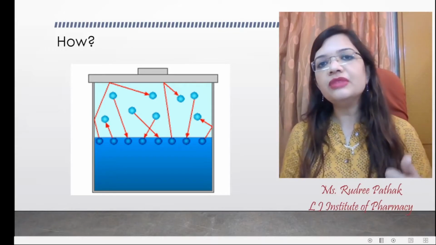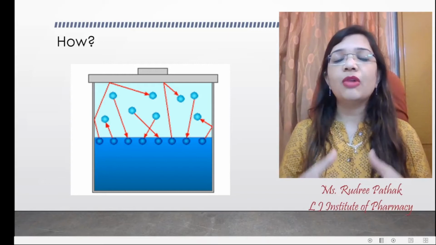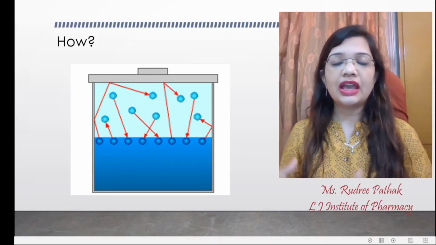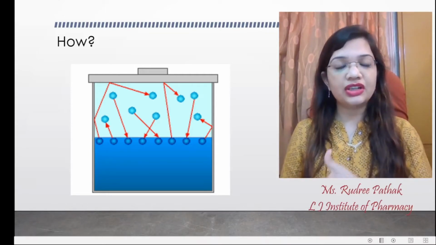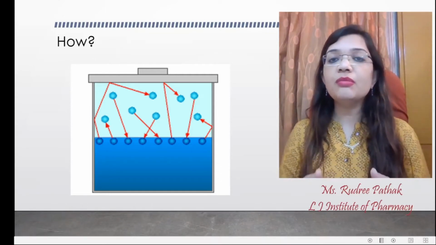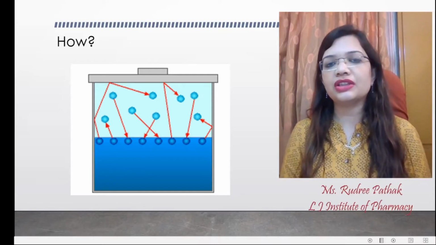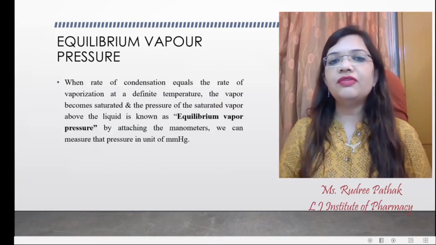Now we have one more situation. If the number of molecules which try to escape the surface of such liquids is equal to the number of molecules bouncing back from the vapor state to the liquid state, then such a situation is known as equilibrium vapor pressure. Let's have a look at the definition.